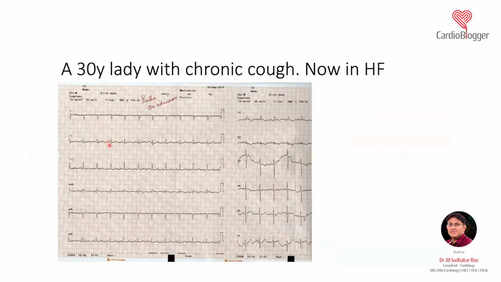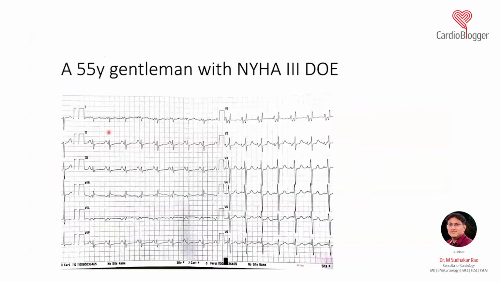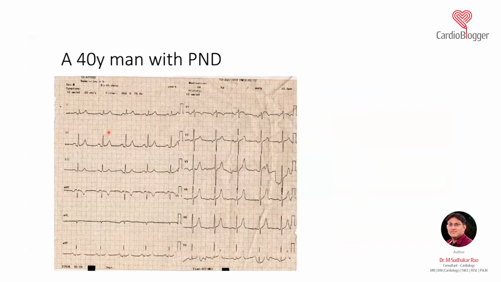You see, it is almost just one small box or less than 2 boxes. So this is a normal P wave. However, this P wave is abnormal because the duration is 1 box, 2 box and 3 box, so more than 120 milliseconds. It's very broad. It means the left atrium is dilated. So this suggests that there is a dilatation of the left atrium.